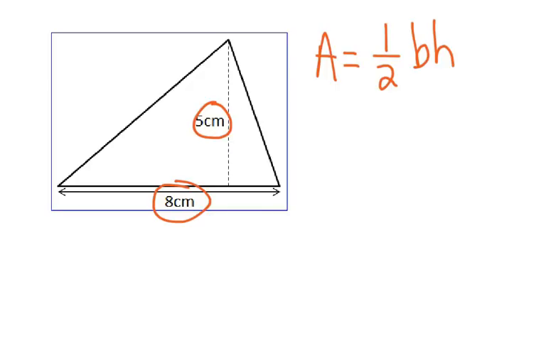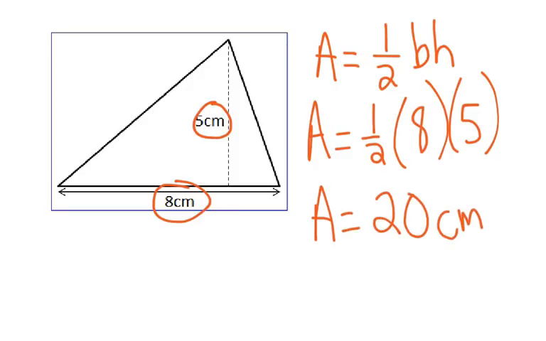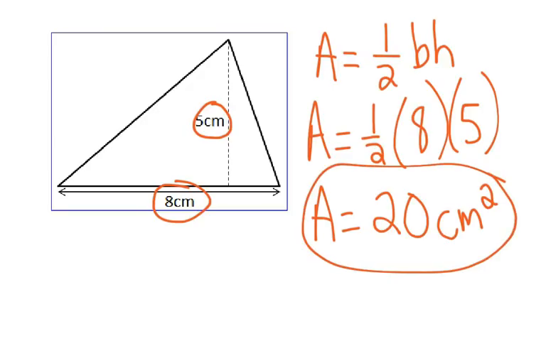And then the next thing we're going to do is we're just going to substitute in. So 1/2 multiplied by 8 multiplied by 5. And 8 times 5 is 40. And then half of 40 is 20. So the area is 20 centimeters squared. Super, super easy. Should be review. And this is just kind of a lead up for when we do surface area tomorrow.